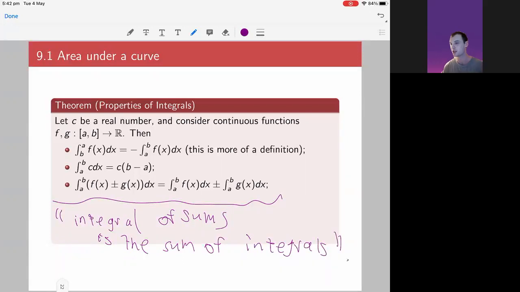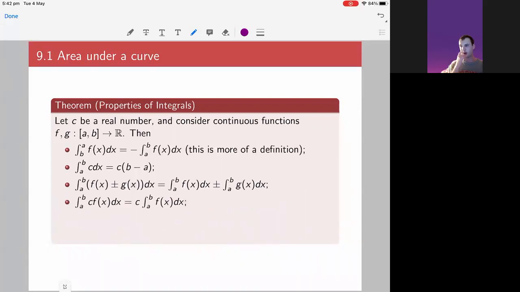And the same thing is true for subtraction as well. I think it's fairly intuitively clear why that should be the case. Another fun one is that if you integrate not just the function f, but some scalar multiple of that function, then you're just going to get the integral of that function scaled. And I guess that makes a lot of sense.